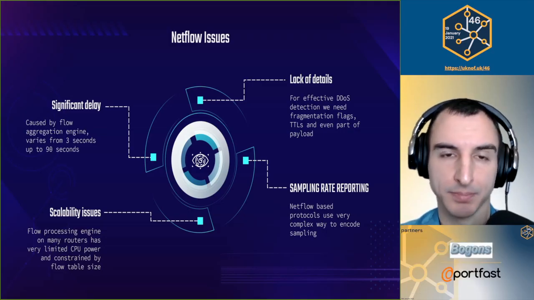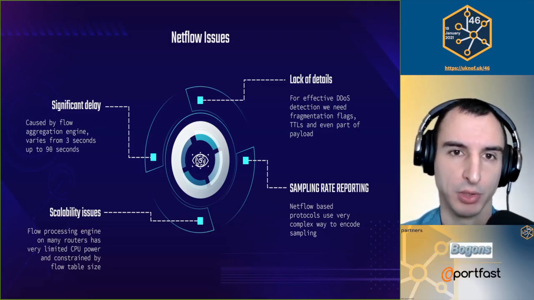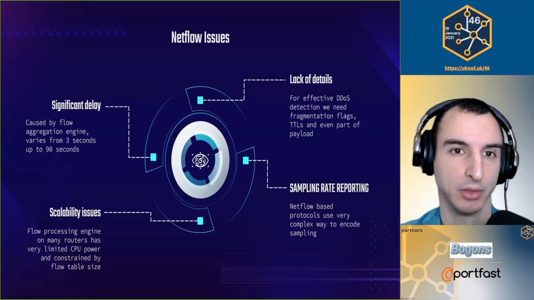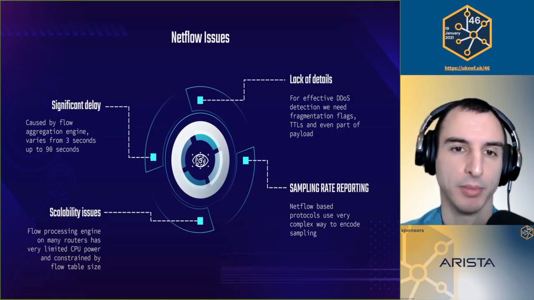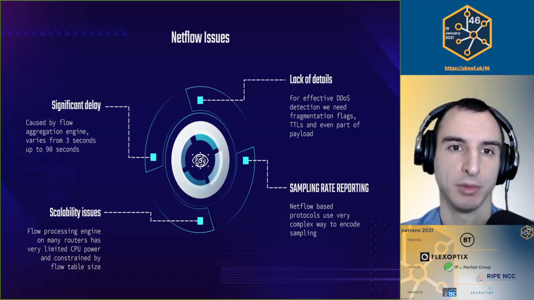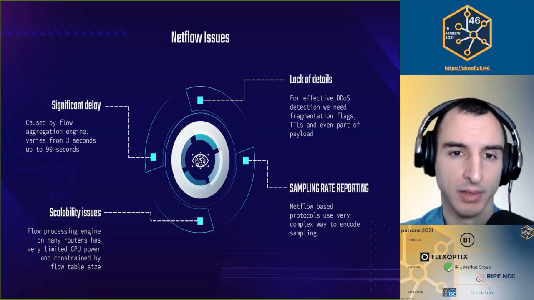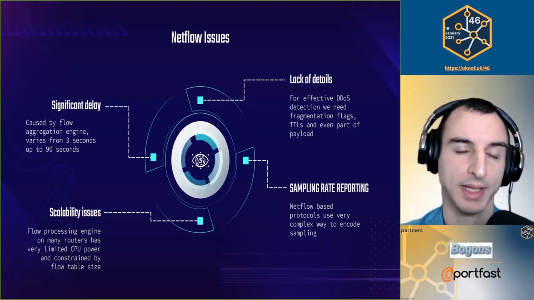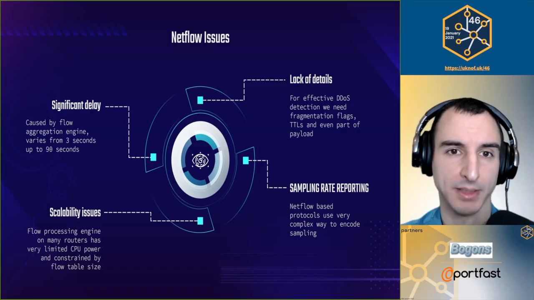And sampling rate reporting is not a very big issue for the IPFIX protocol, because IPFIX has quite good standards which explain how routers can encode the sampling rate. Because in a big network you may have different segments or different routers using a slightly different sampling rate, and for the collector side and for DDoS detection purposes, of course, we need to know all of them, because before we can calculate proper bandwidth, we need to multiply the received flow packets, number of packets, number of bytes by the sampling rate.